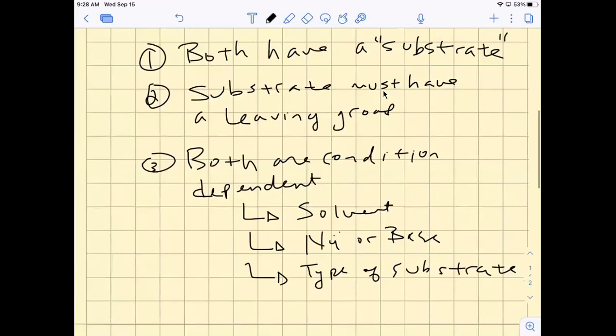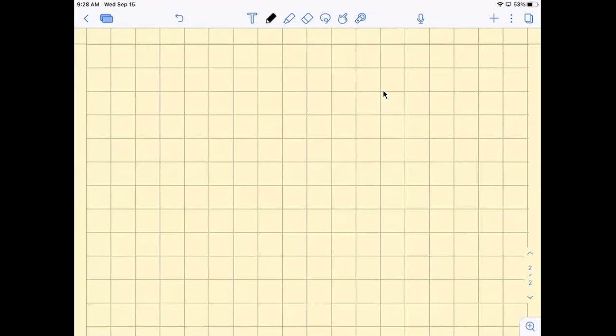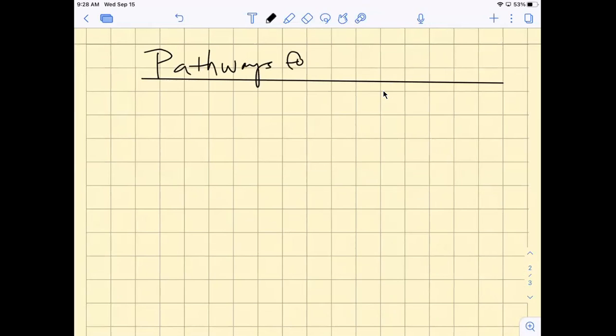So the most simple type of substitution, we talked about this a couple of times. So with substitution, we're going to talk about Sn2 and Sn1.